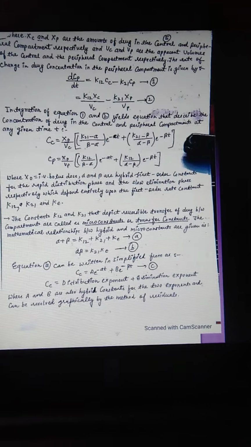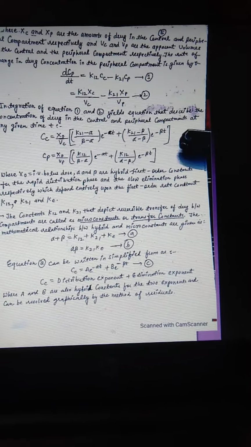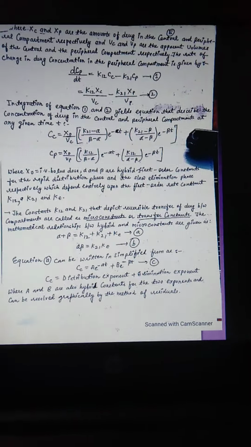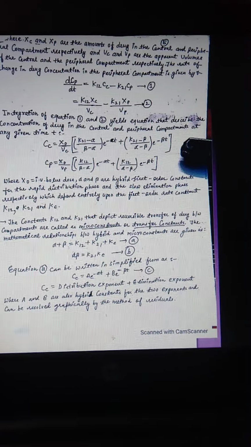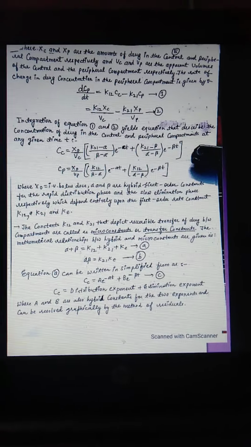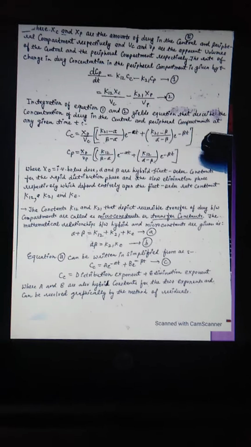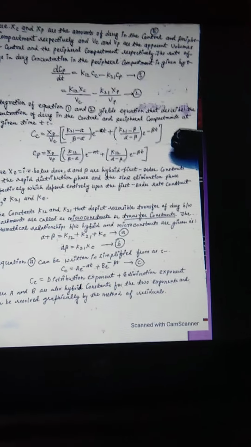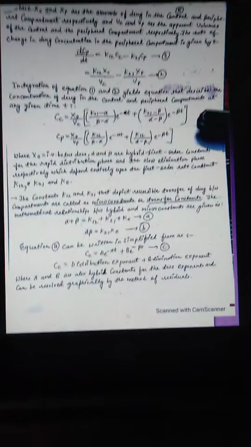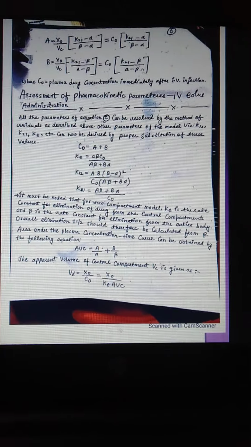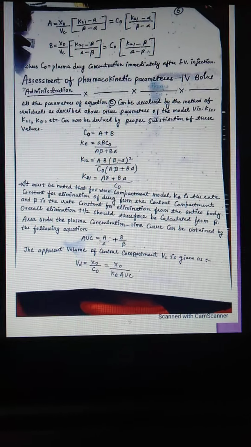Alpha and beta are the hybrid first order constants for the rapid distribution phase and the elimination phase respectively, which depend entirely upon the first order rate constants. So here are the pharmacokinetic parameters for the IV bolus.